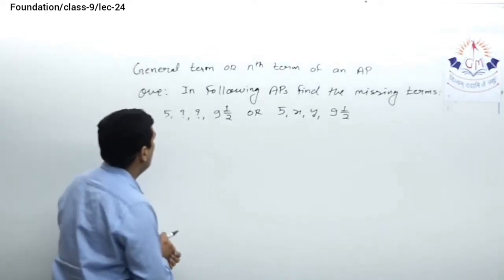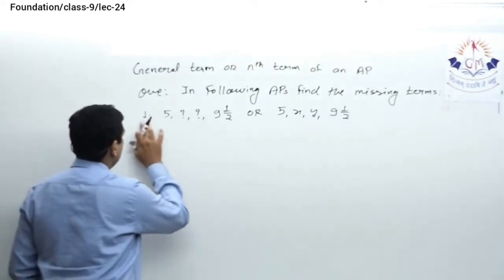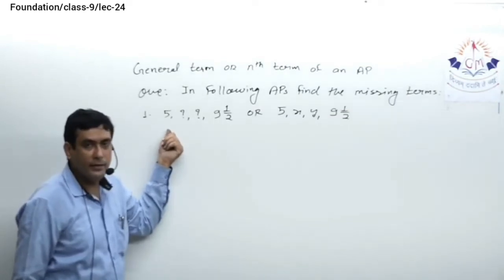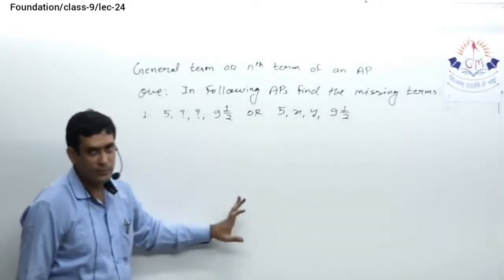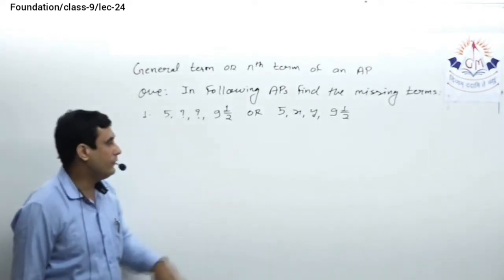So let us see how to find this. See, here the first term is given and the last term is given, as well as the number of terms. How many terms are there? 4 terms are there.